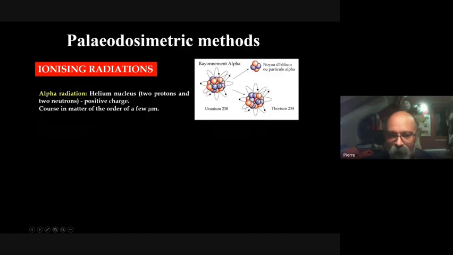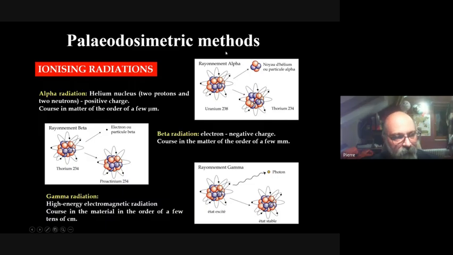Why? Because when an element is transformed into another, rays or particles are emitted, and these particles or rays are very energetic and create some defects in crystals, in bones, and something like that.